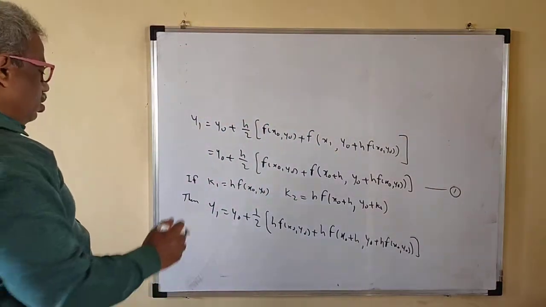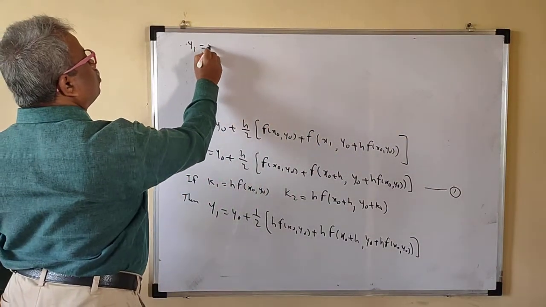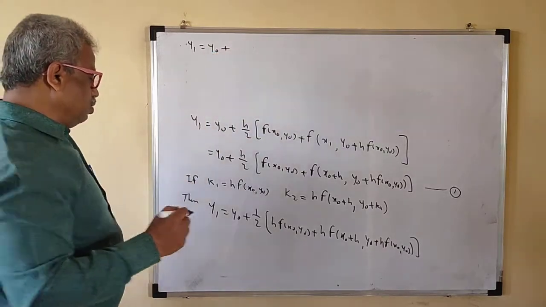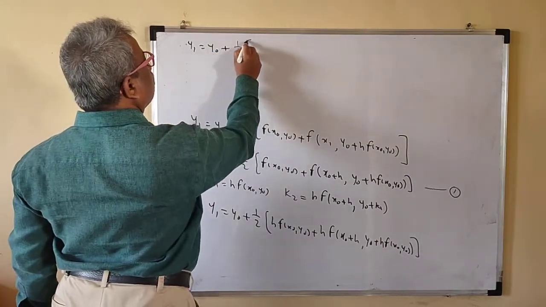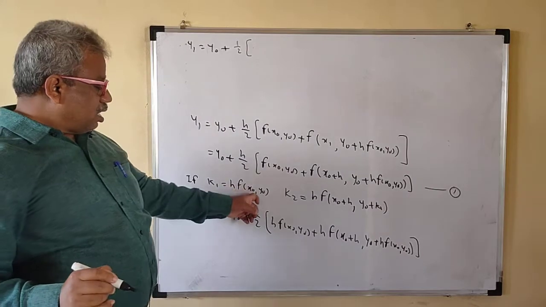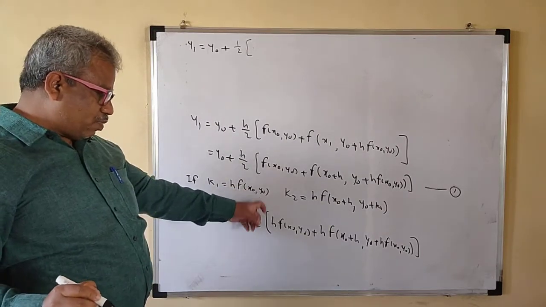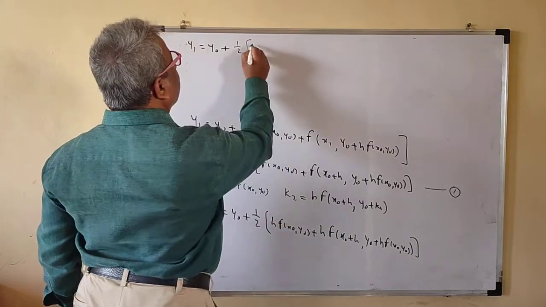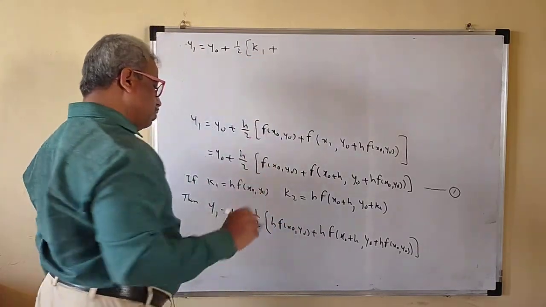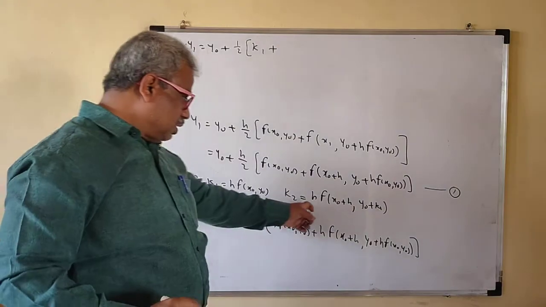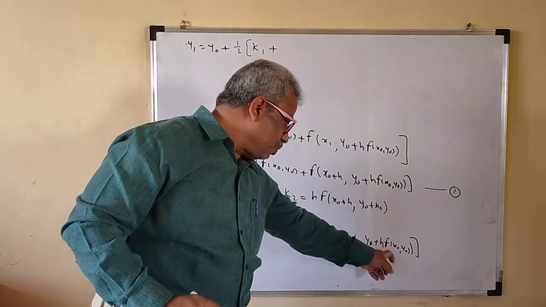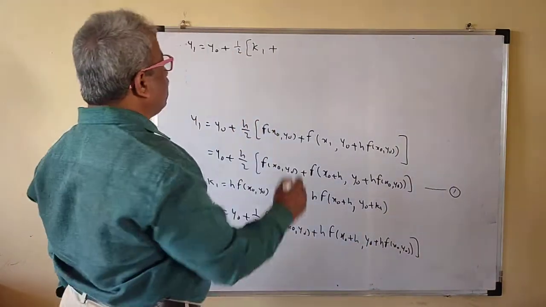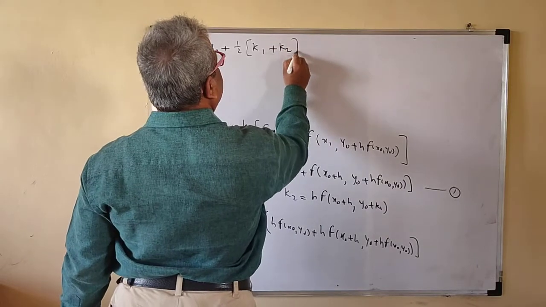Now y1 is equal to y naught plus 1/2. So now h times f of x naught, y naught is nothing but this is your k1. Plus now this is h f of x naught plus h, y naught plus k1, so this is what is k2. This is k2. Okay.